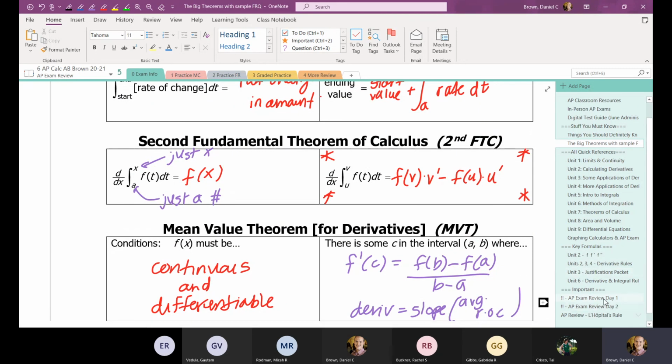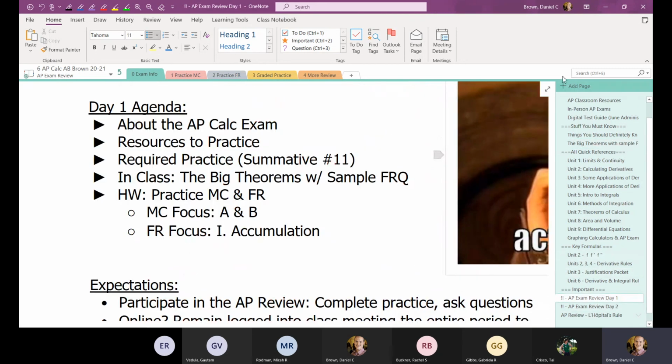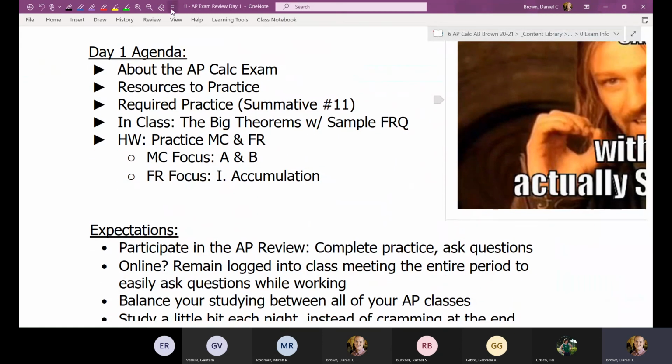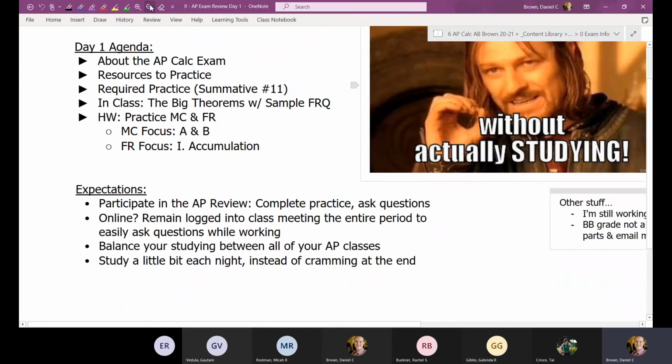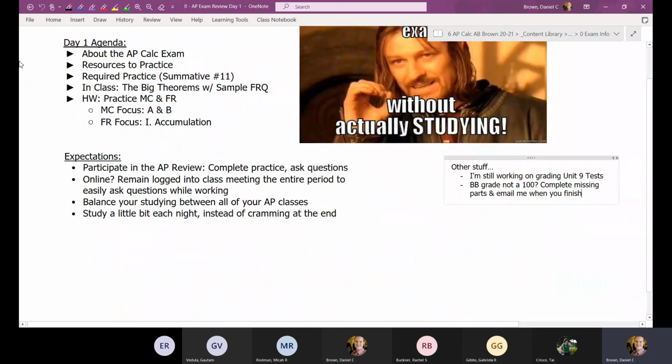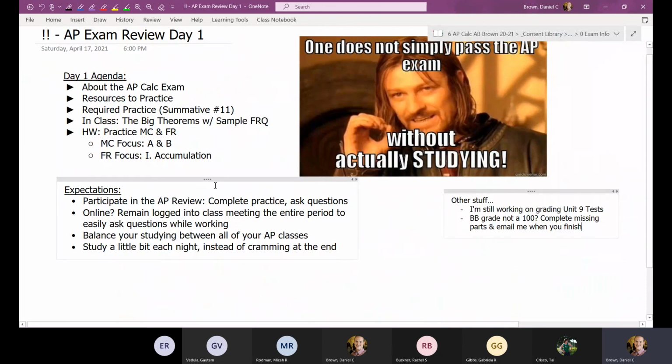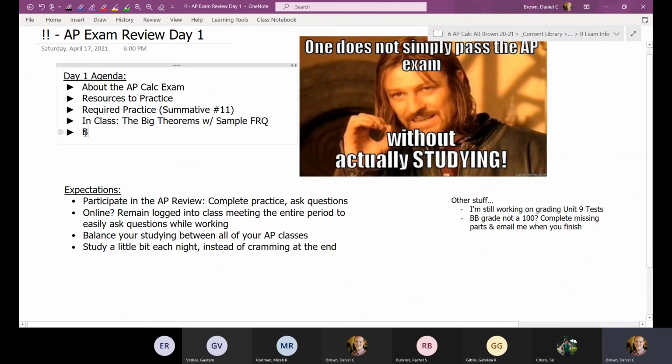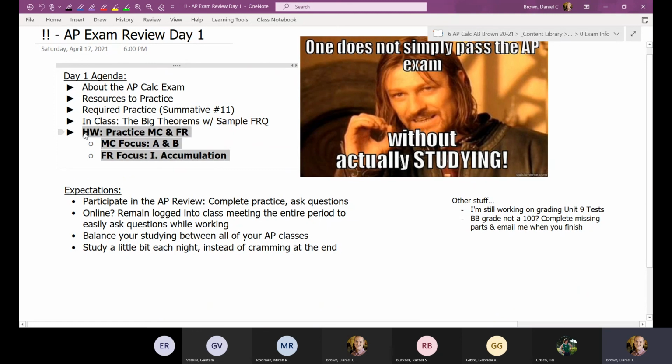So what I want you to do, and I'll try to tell you what I want you to do for homework so you don't have to cram, because cramming is not something that really works for the calculus exam. Tonight for homework, and it's going to be the same thing for tomorrow night, I just want you to focus on those multiple choice problems, part A and part B. You only need to do a minimum of 5 on each page.